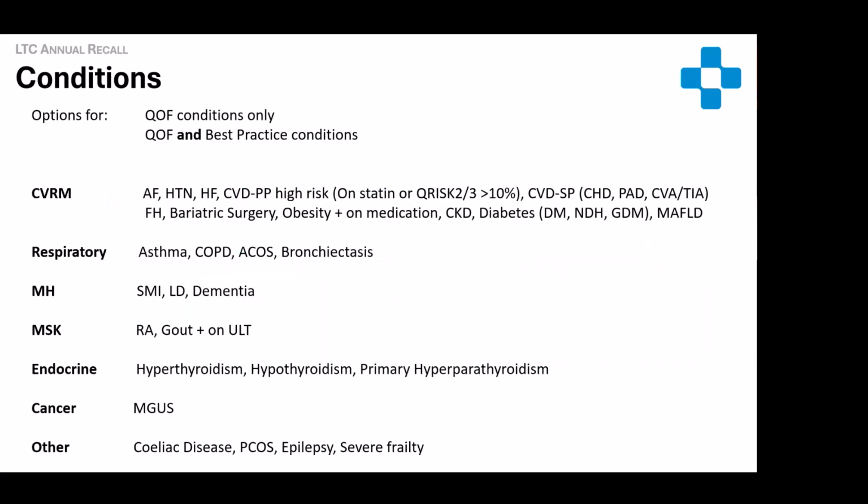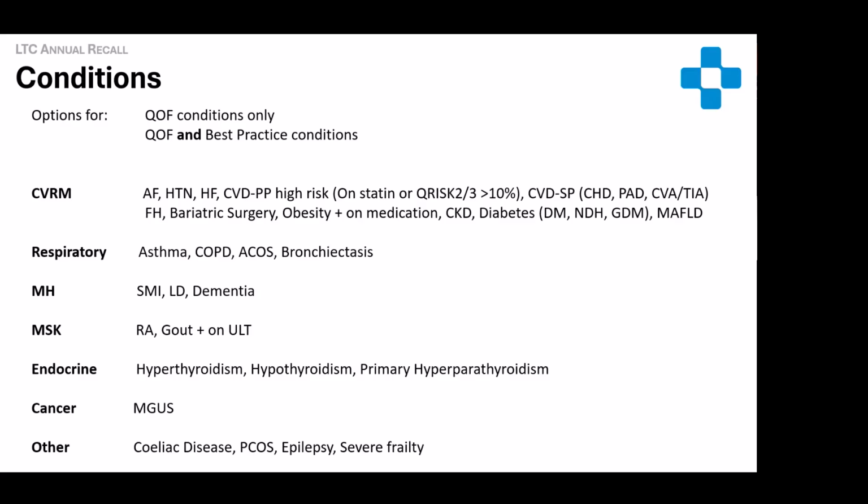The system offers flexibility in how you implement your recall program. As a practice, you can choose whether you want to focus just on your QOF conditions only or whether to include both QOF and best practice conditions. The conditions are grouped into logical categories, so you'll see cardiovascular, renal and metabolic together.